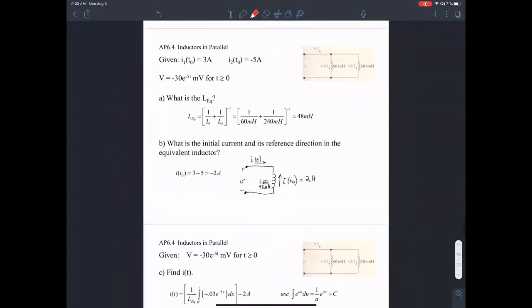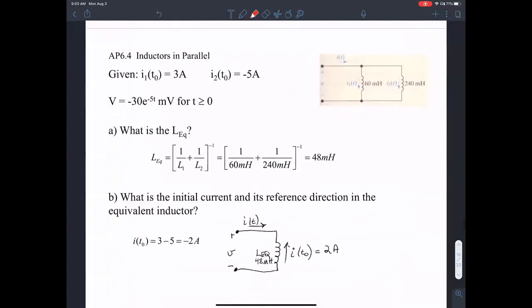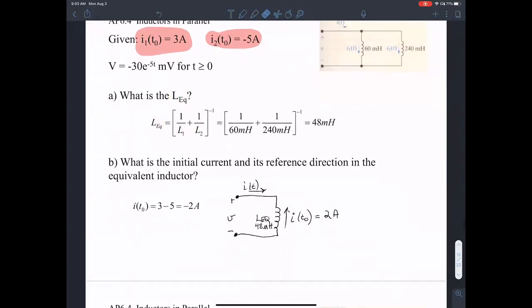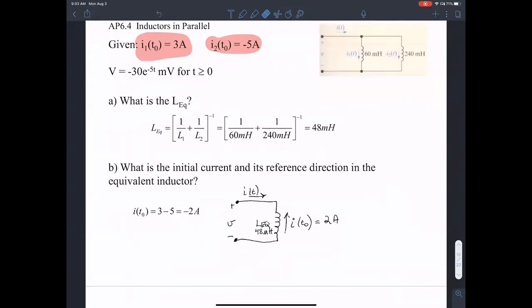And then of course, there are some simple problems, and I want to leave these problems as an exercise for you. Currents I1 and I2 in the branches are given at time t0. You're asked to find the equivalent inductance first. In order to find it, you simply apply the parallel formula, because the inductances are in parallel here.